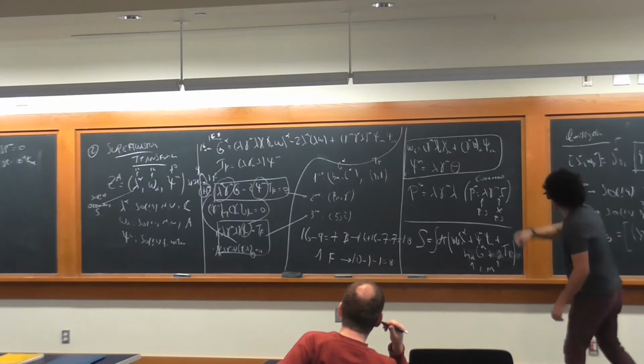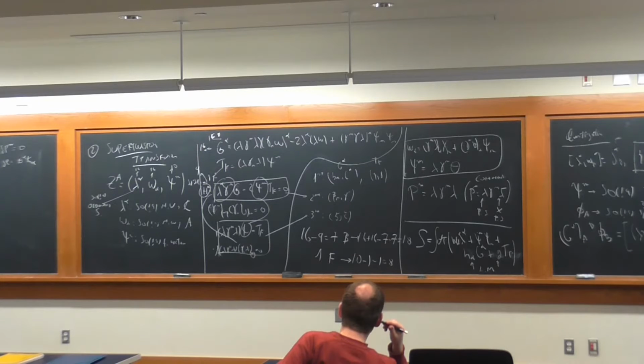And for the psi variables, I will have gamma m, lambda alpha, gamma m, a and b, phi b.